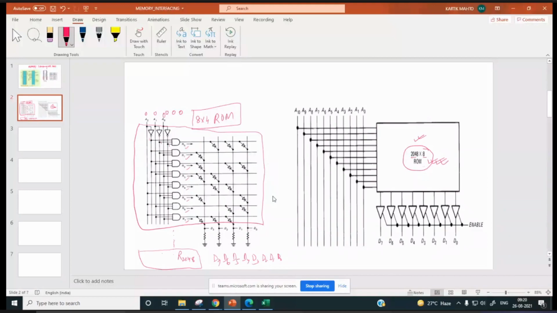So inside this ROM chip, we have 2048 bytes. Out of these 2048 bytes, suppose I have to read the first byte. Here you have to feed the address. So the first byte address will be what? The first byte address will be 0, 0, 0. All 0s will be there.